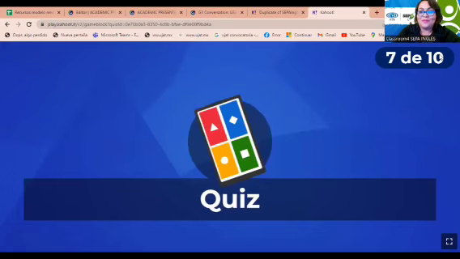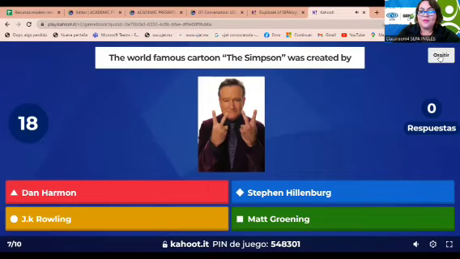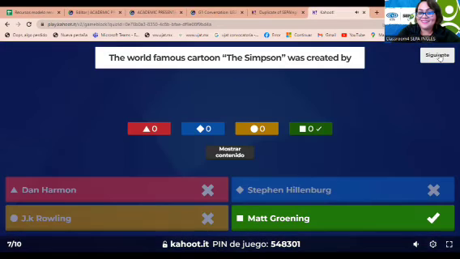Number 7. The world famous cartoon The Simpsons was created by Dan Harmon, J.K. Rowling, Stephen Hillenburg, or Matt Groening. And this is Matt Groening.